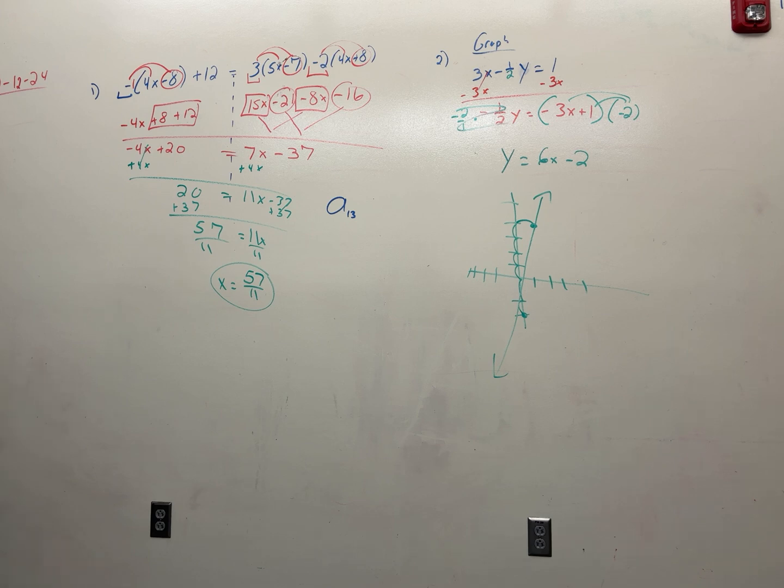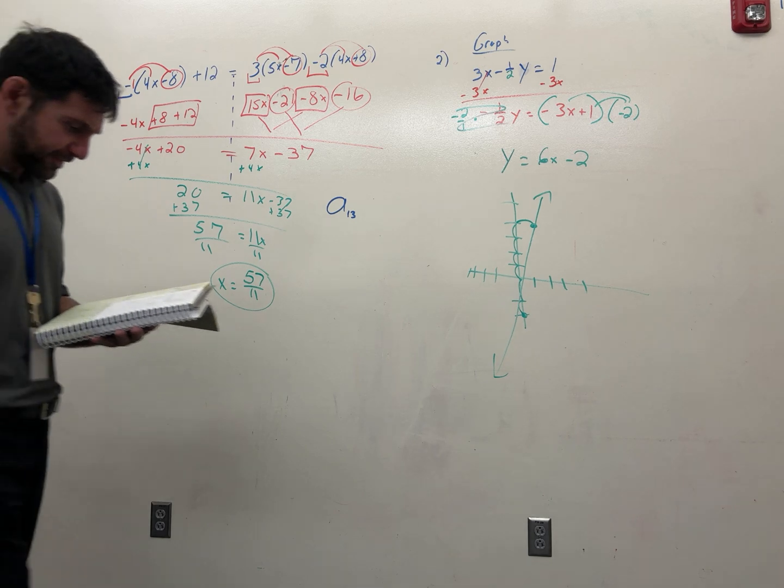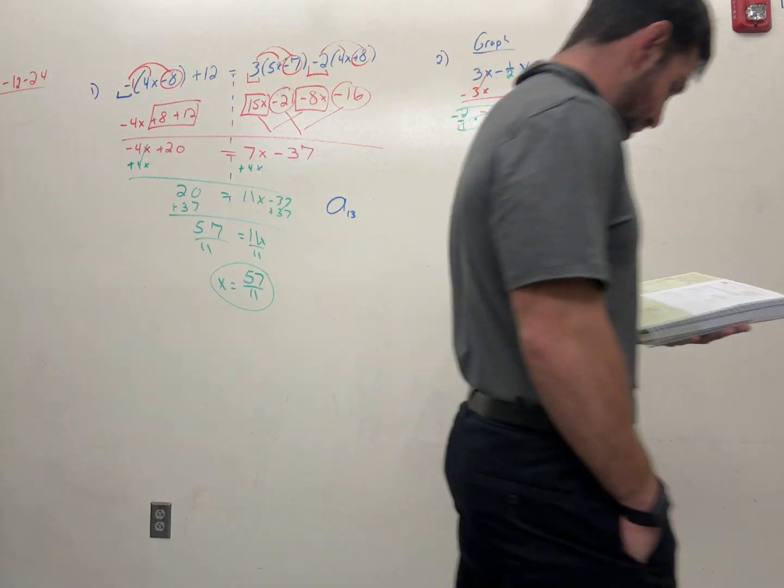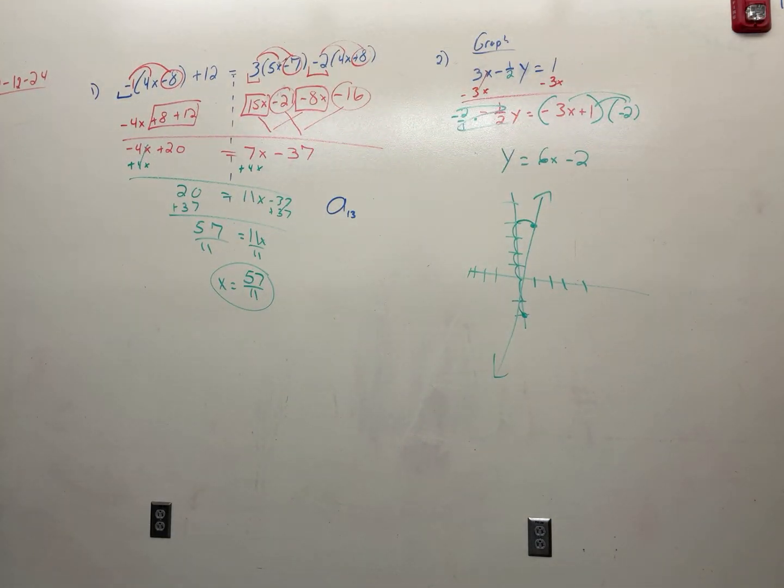I missed 13. For some reason, you did 12. Okay. Number 15 is 7. Number 17 is 3. Number 19 is B subscript 3, 4. So instead of A13, it should be B3, 4. Questions so far?